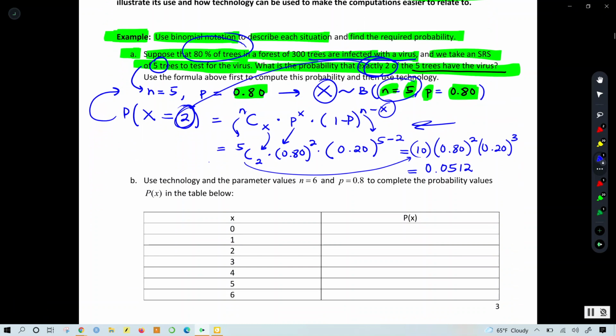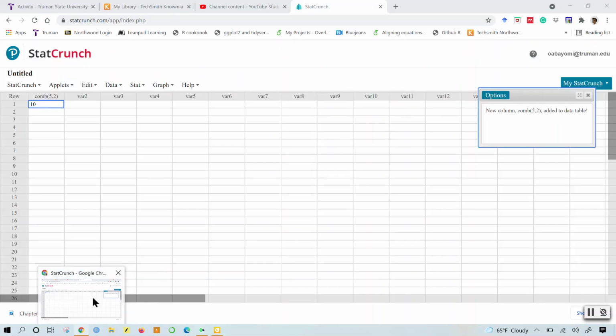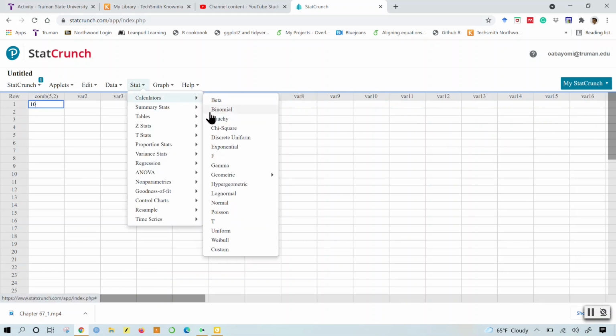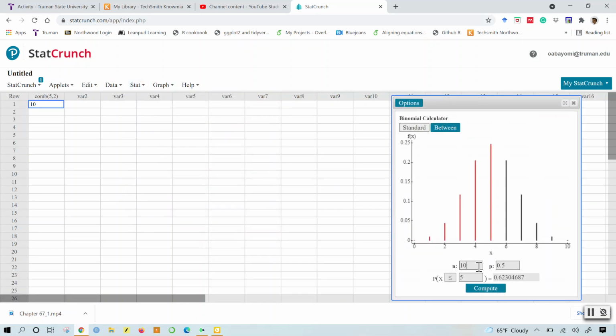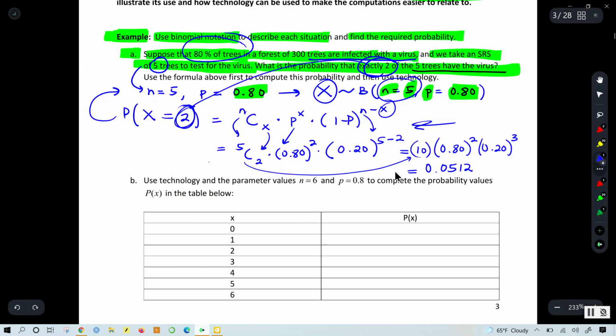Well, could we have used StatCrunch to help us with this same probability? Yes, we could have. So let's go back to StatCrunch here. Back in StatCrunch, I could have gone to Stat, Calculators, Binomial. This we did earlier. Set up the right parameters here. N is equal to 5, and the probability of success here is 0.80, as we see from the question.